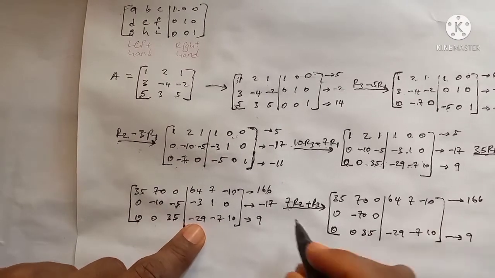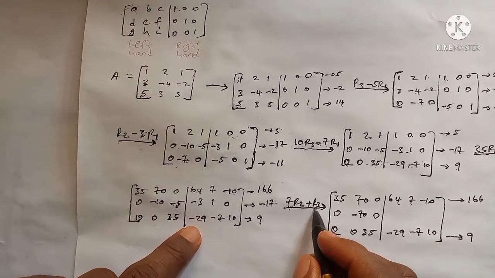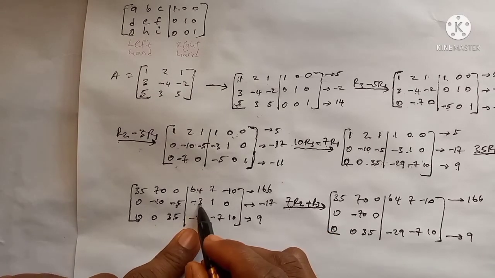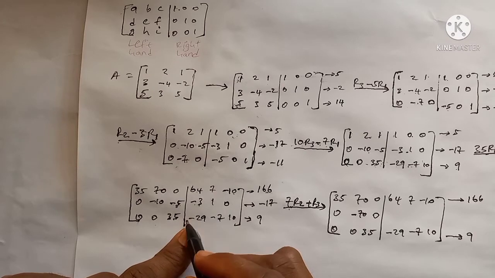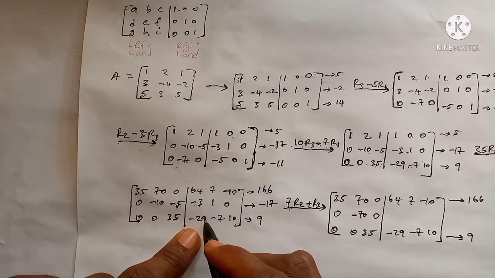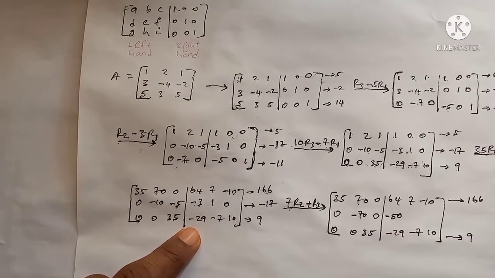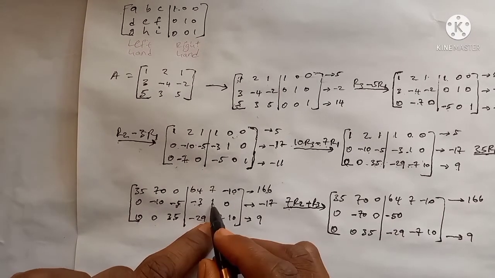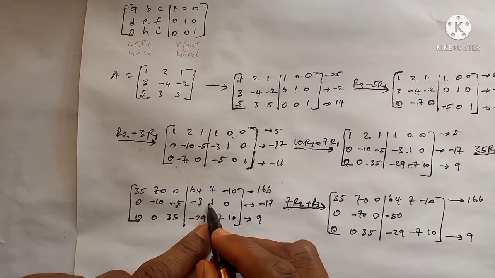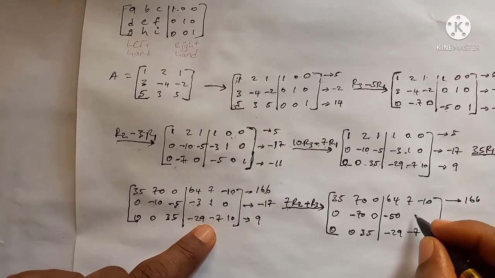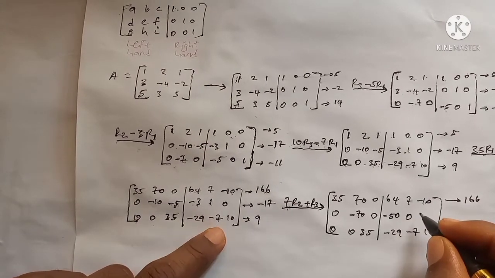The next thing, 7 R2 plus R3. 7 times minus 3 is minus 21. Minus 21 plus minus 29 is going to give us minus 50. Now 7 times 1 will give us 7. 7 plus minus 7 will give us 0.